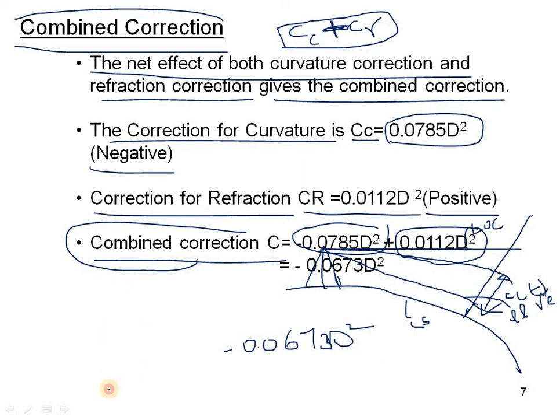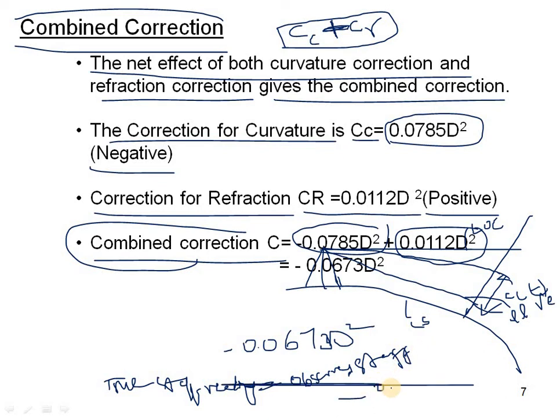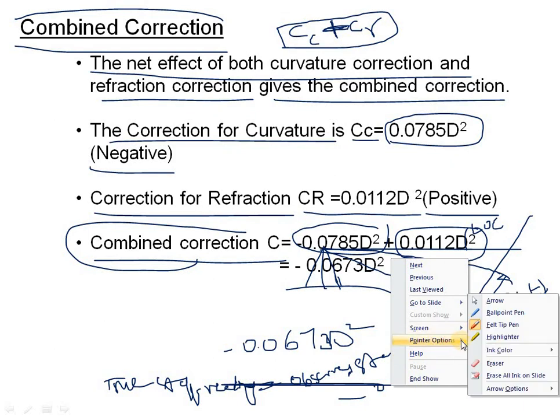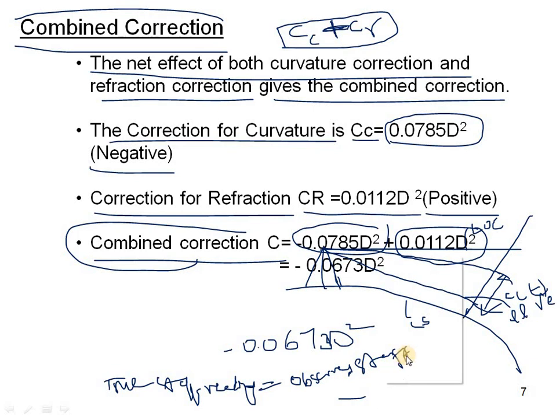So we will write here true staff reading is equal to observed staff reading minus 0.0673 d square.